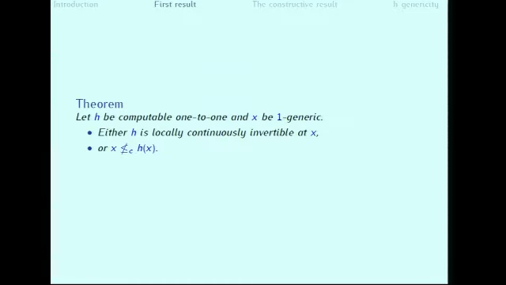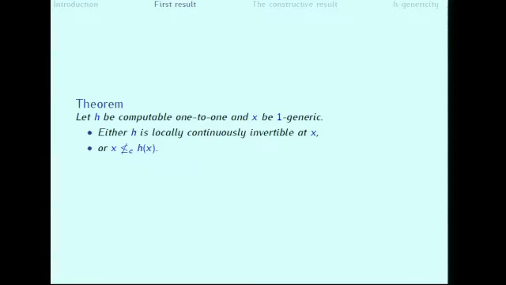So it means that if h is not topologically invertible at x, then it is not computably invertible at x. What is one generic? So one generic is that it does not belong to the boundary of any effective open set.